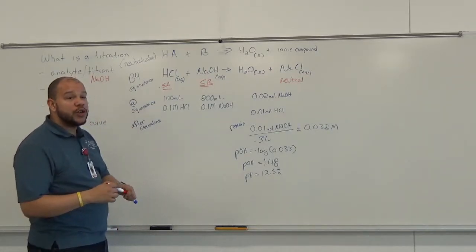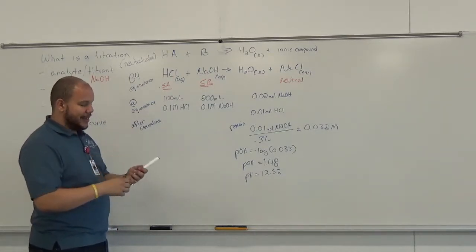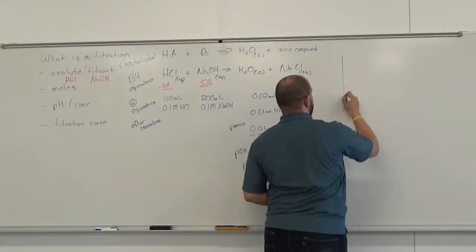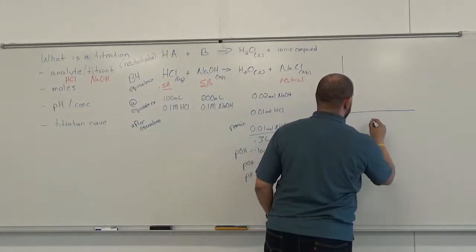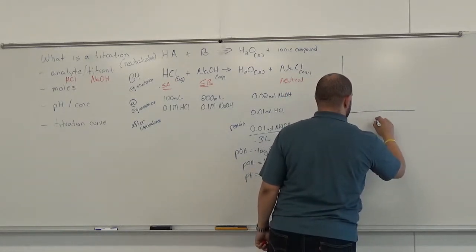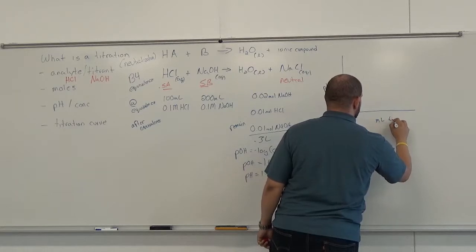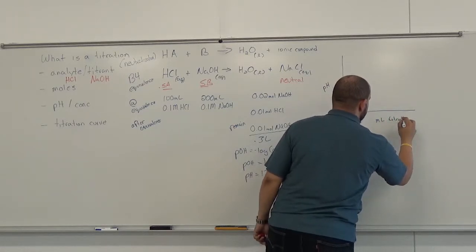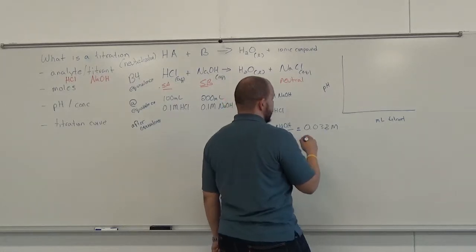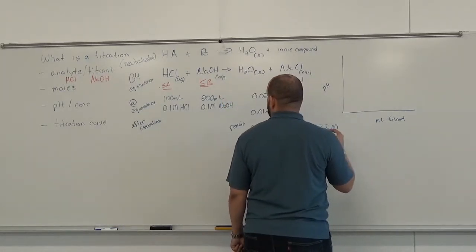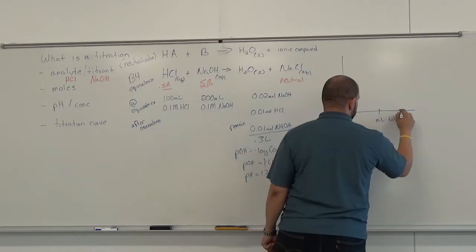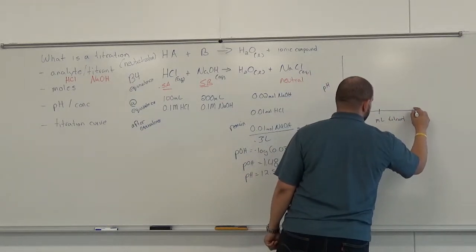Now, what does that look like? So if we were to track or graph, you know me, I'm always wanting to look at graphing something. If we were to graph the pH as a function of milliliters of titrant, if we remember, our first milliliters of titrant was 50, our second one was 100, our next one was 200, right?